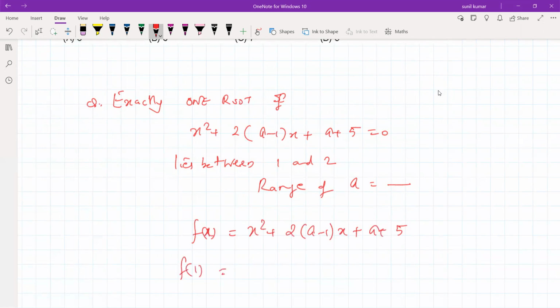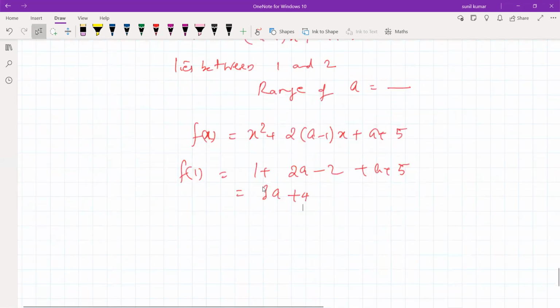Now f(1) you can calculate. f(1) is 1 plus 2a minus 2 plus a plus 5. So 3a plus 4 you will get. This is f(1).